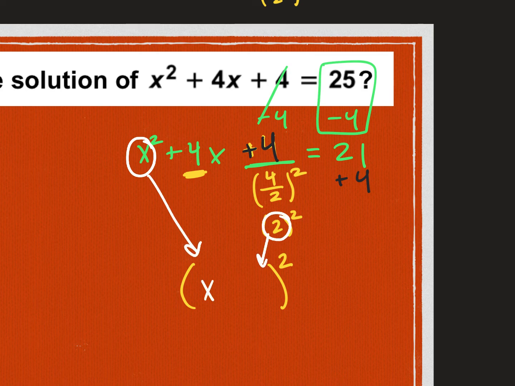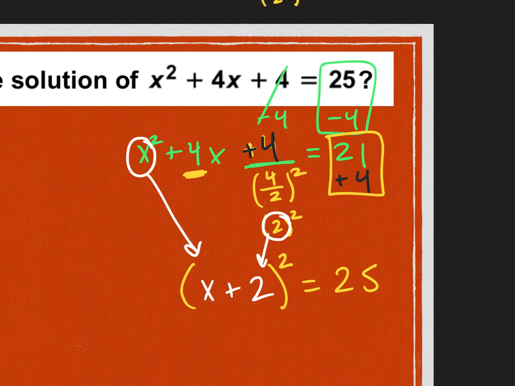So it'll be x plus 2. Think about it like these parentheses are squared, so you take what's squared and put them inside. And then this is equal to, what's 21 plus 4? 25.